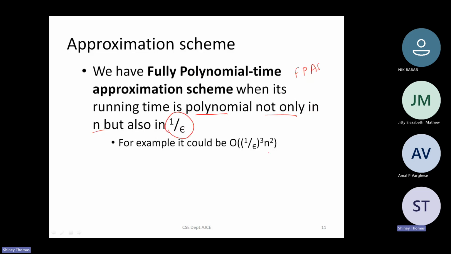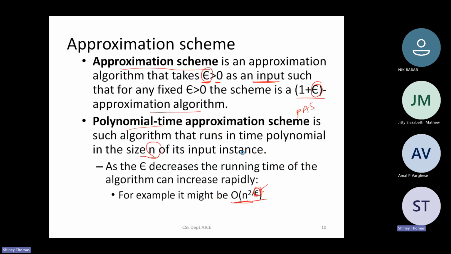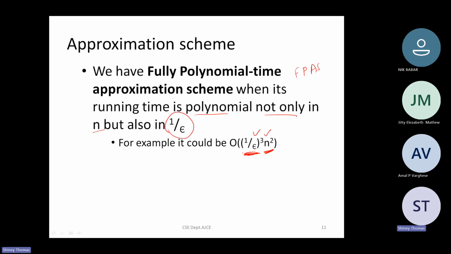So you'll have two terms that grow polynomially, for example, big O of n squared multiplied by 1 by epsilon whole cubed. Just remember these examples of big O notations and how they grow. That will be enough.